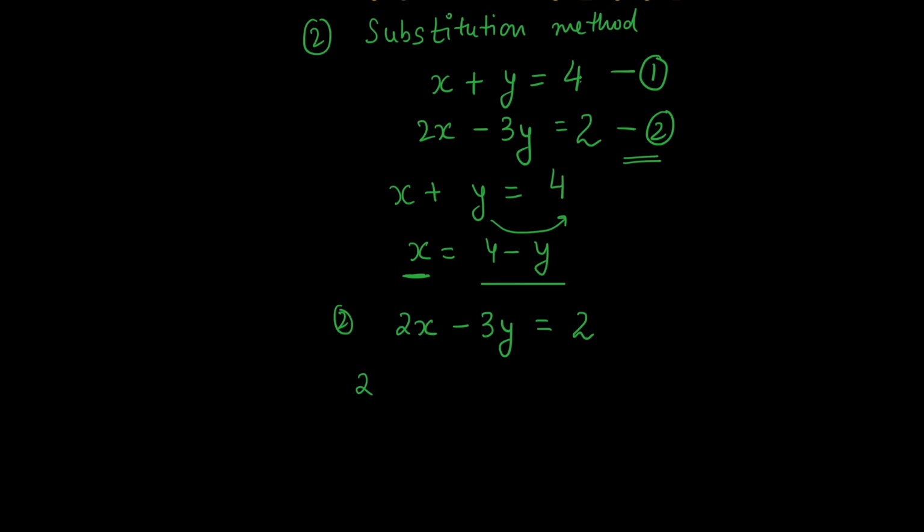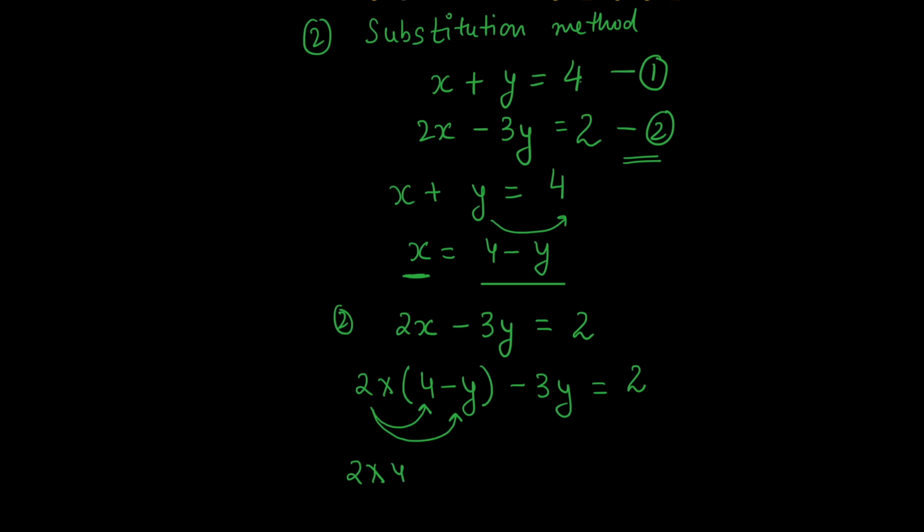So the value of x is 4 minus y, and 2 is multiplying x here, so you substitute 4 minus y, and this will remain the same, minus 3y equals 2. Now this 2 will be multiplied with both the terms present in the bracket. That means it will be multiplied by 4 and it will also be multiplied by y.